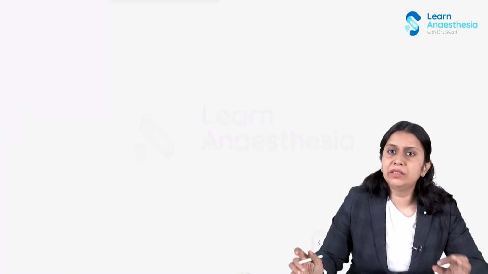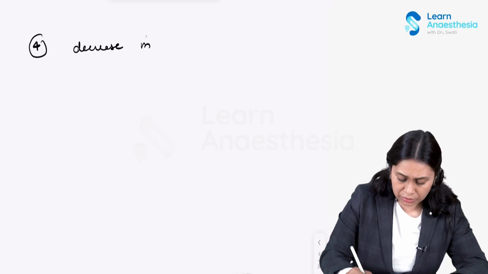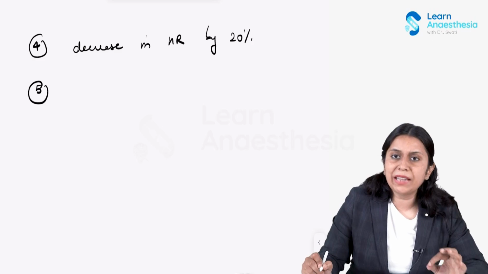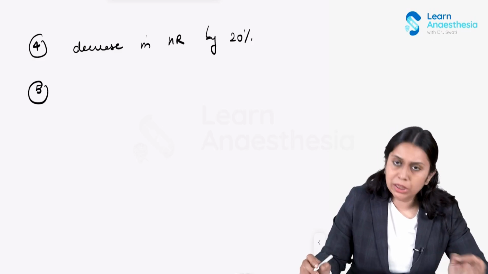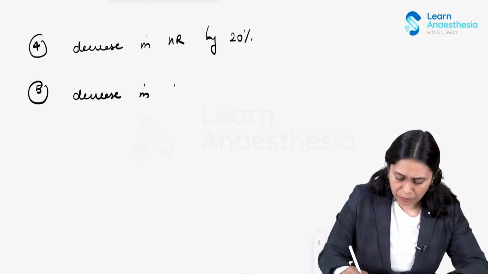Now, fourth is decrease in heart rate. It causes a decrease in heart rate by 20%. And it causes a decrease in pulmonary capillary wedge pressure by 20%.